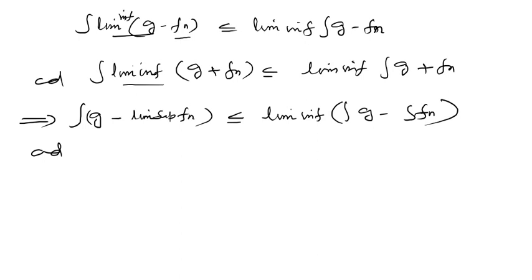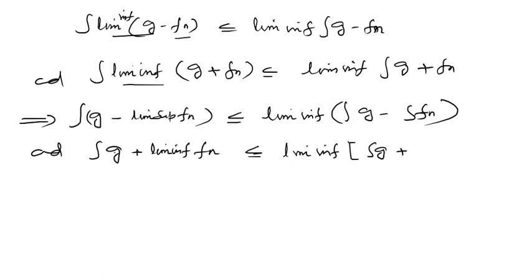And from the second, it's equal to the integral of the limit inferior of g, which is g, plus the limit inferior of fn, the integral of this thing is less than or equal to the limit inferior of the integral of g plus the integral of fn.